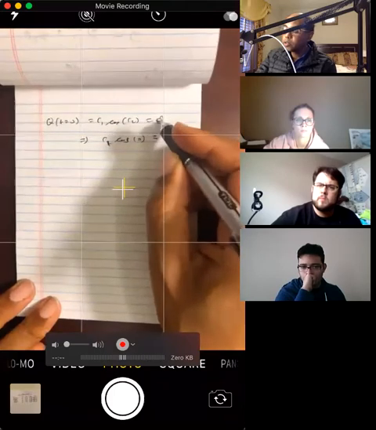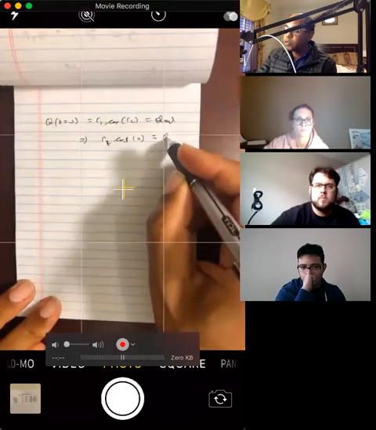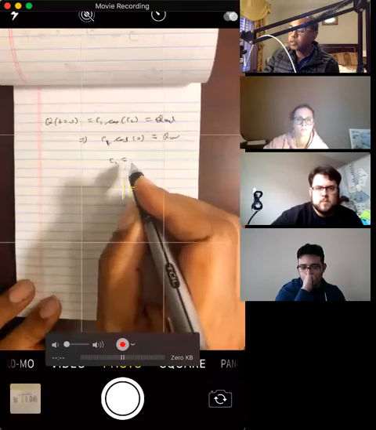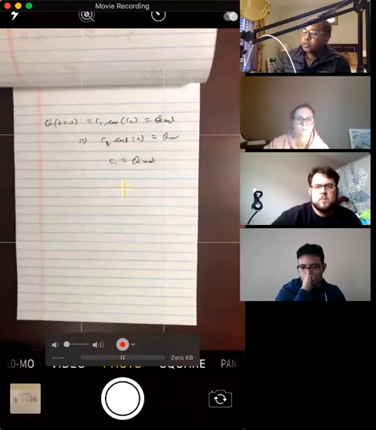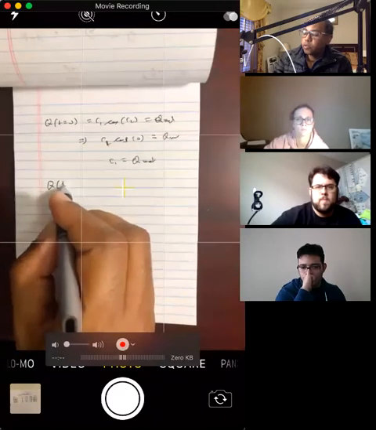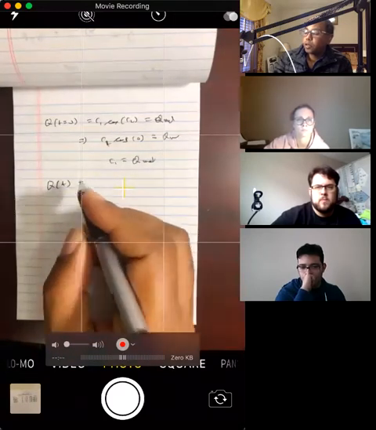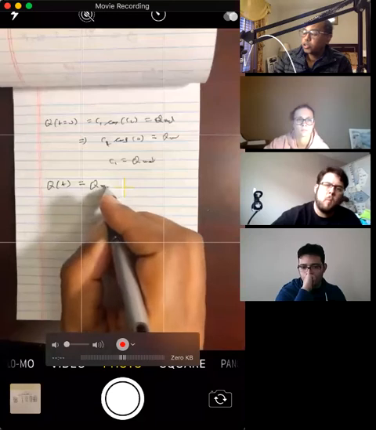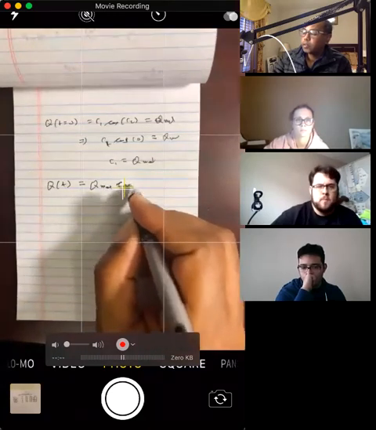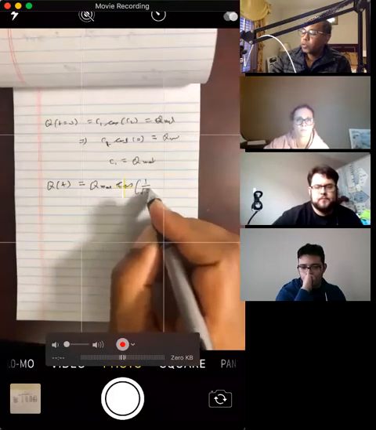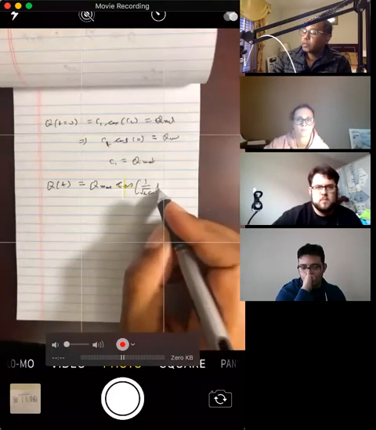I'm sorry, this is Q max over here. So it follows C1 is Q max. So with these initial conditions, the general solution is Q of t equals the initial charge, Q max, times cosine of 1 over square root of LC times t.